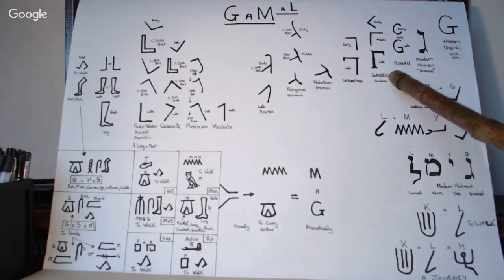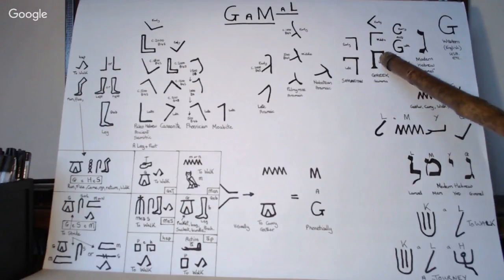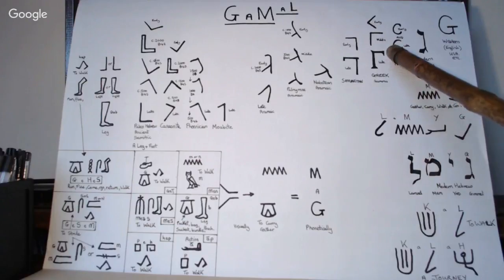Then we have the Greek gamma, which is this one here. Now this is where it gets sort of back to its early origin, really. You have the late version here, which is a bit more elaborate, ornate.